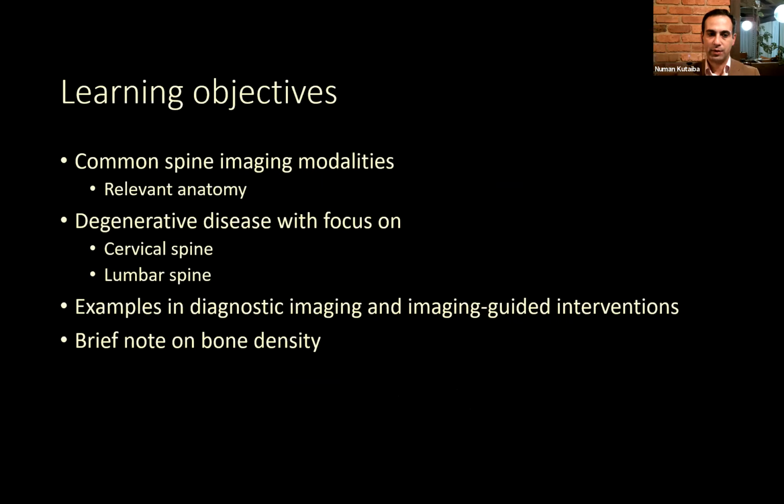I'll talk mostly on degenerative disease with a focus on the cervical spine and the lumbar spine, because those are the two most common presentations to ED and to general practice, with examples from diagnostic imaging and some imaging-guided interventions, mainly injections, and a brief note on bone density at the end because of the issue of osteoporosis that's quite common.